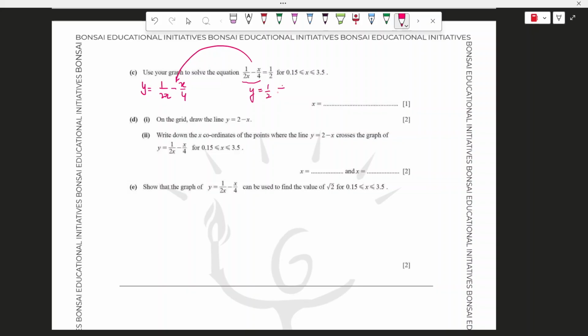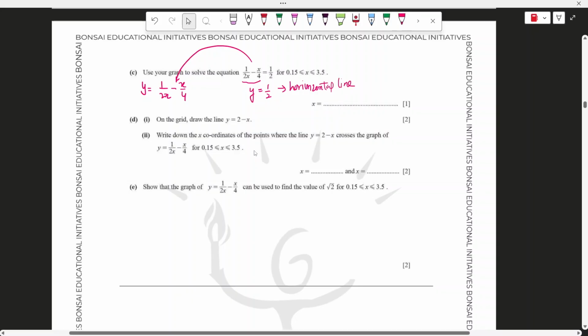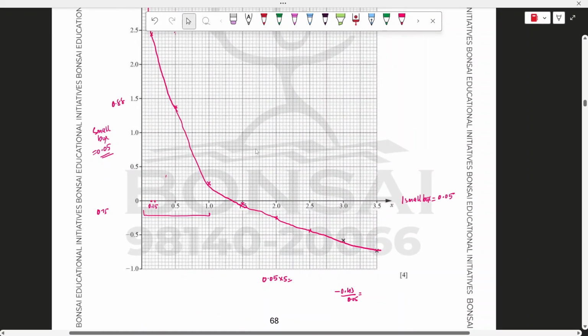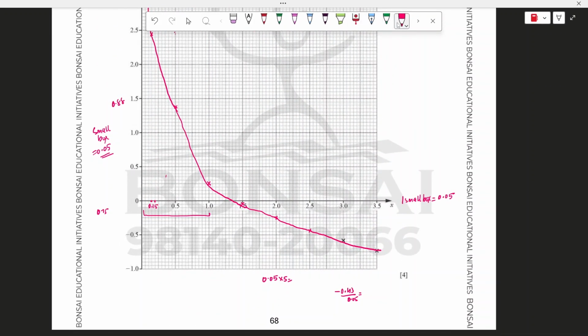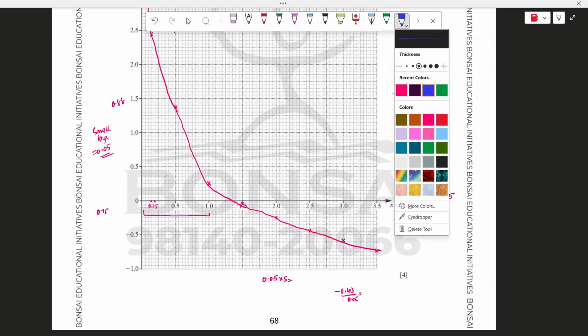So y equal to half is what? That is a horizontal line. Okay, let us see how y equal to half behaves here. So y equals half is a horizontal line, so hence we are going to draw a horizontal line here.